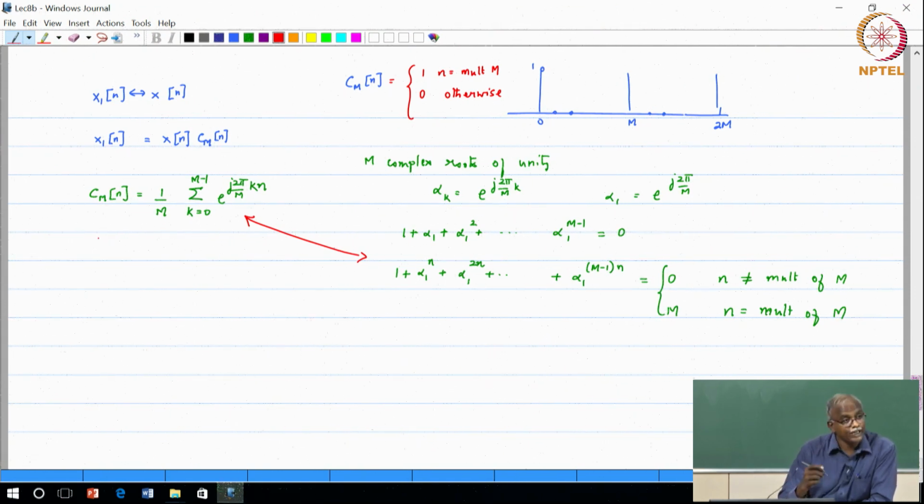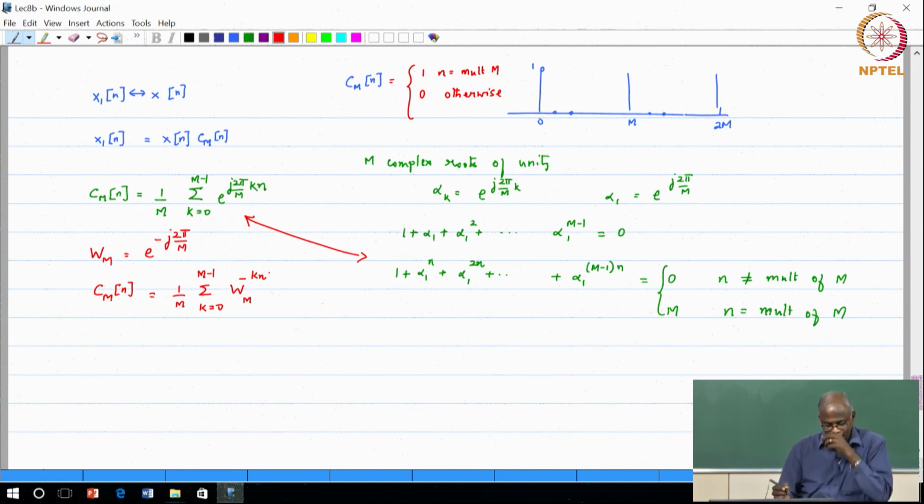Now, when you study the DFT, you would have been introduced to the following notation: W subscript m, that is e power minus j 2 pi over m. It is a very useful notation. So the comb sequence can be written in terms of the DFT coefficient W in the following form: it is equal to 1 over m, summation k equal to 0 to m minus 1, W subscript m to the power minus kn.